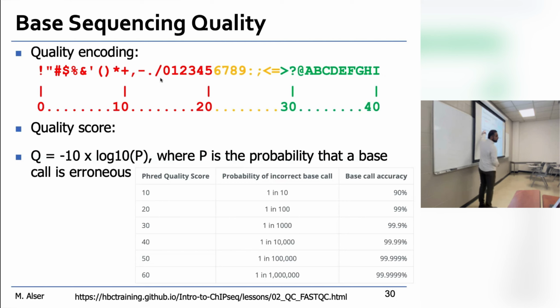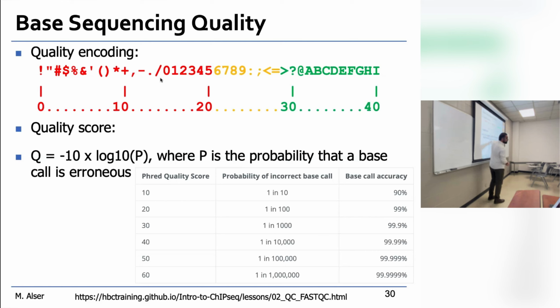Q is this number, right? If it is 10, you replace the Q with 10, then it equals minus 10 times logarithm to the base 10 of P. And P is the probability that the base call is an error, the probability that the base call is an erroneous one. What does it mean? Again, imagine we have a quality score of 10.